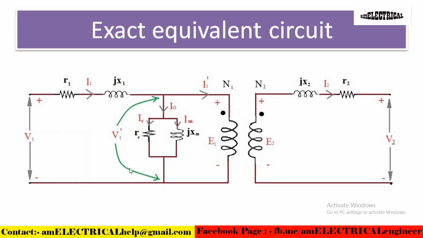From here, IC will be equal to V1 dash divided by RC, because V1 dash is the voltage across this resistance RC. And IM equal to V1 dash divided by XM.